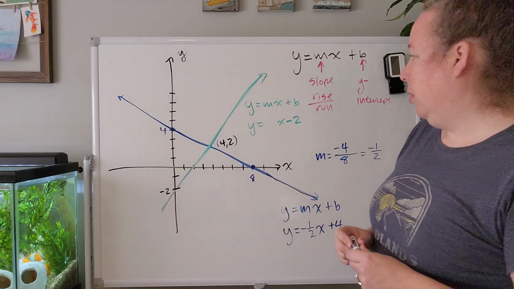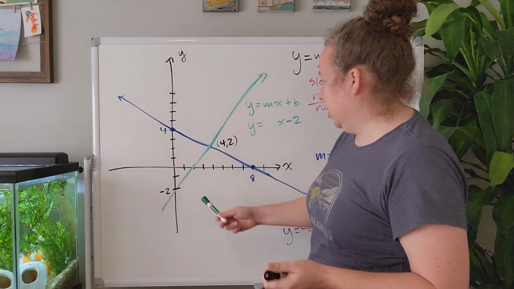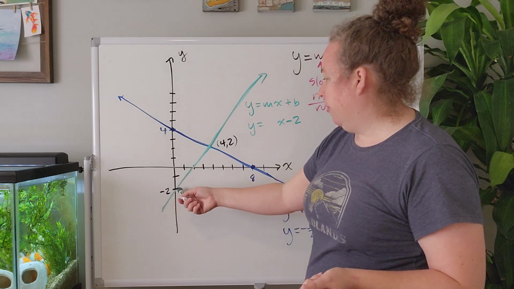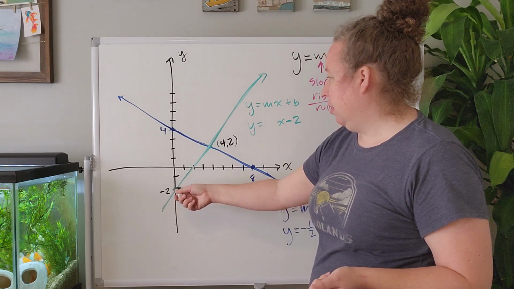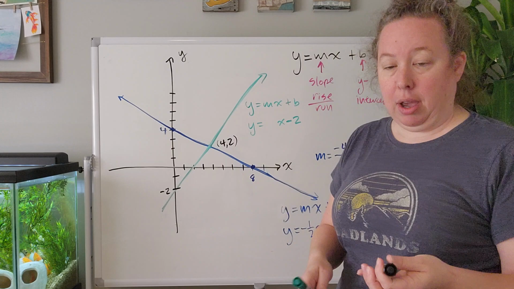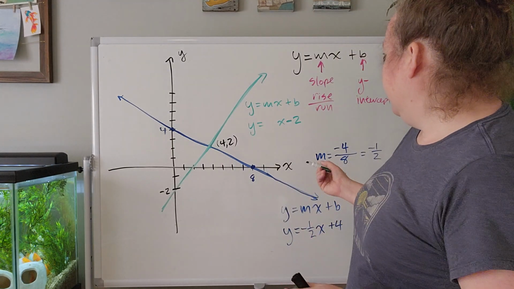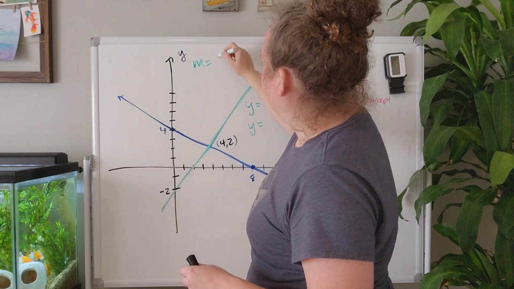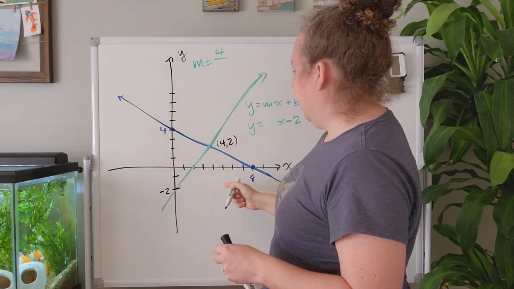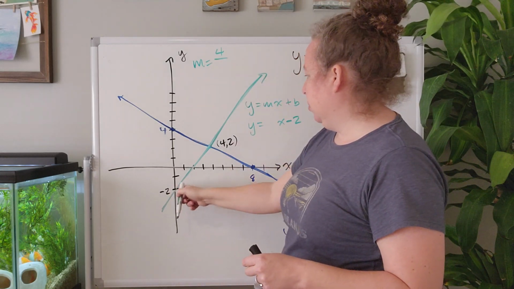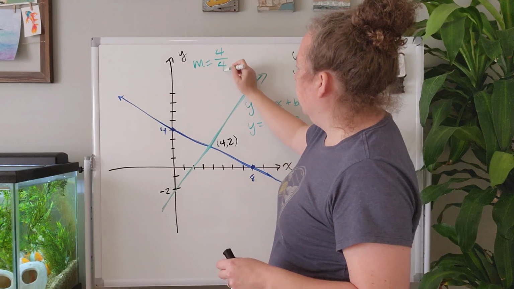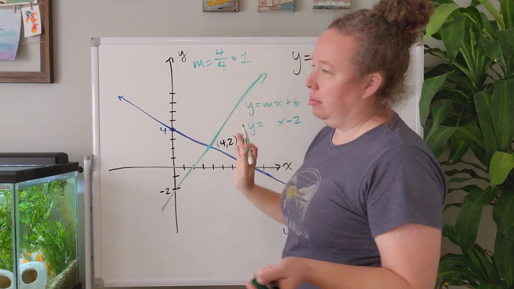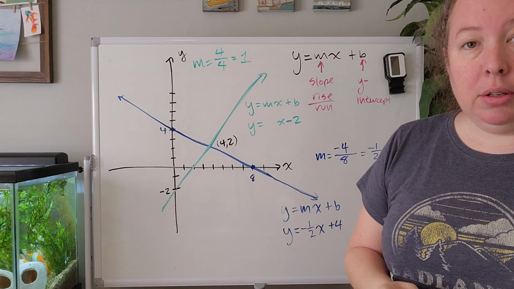And so I'm going to look and see, okay, how far do I rise from -2 up to 2? I rise 4. So here my slope, m is going to be equal to 4. And then how far over do I go? From 0 to 4, 4. So in this case, my slope simplifies to 1.